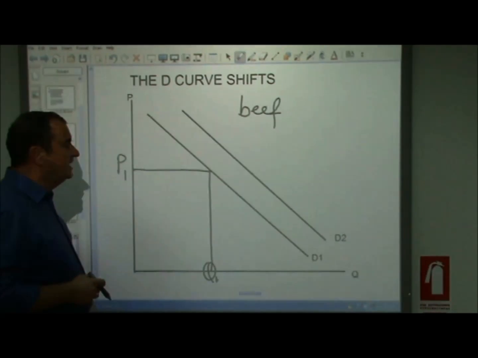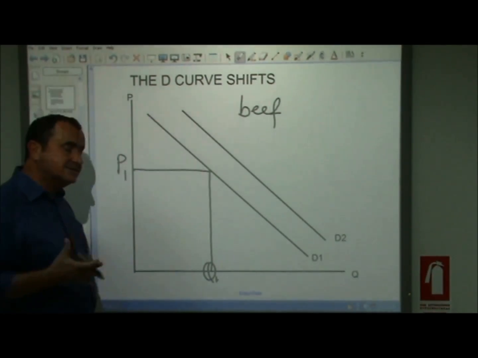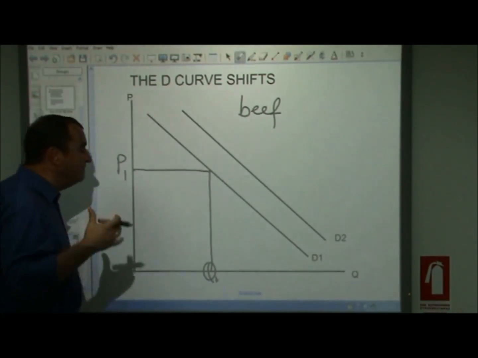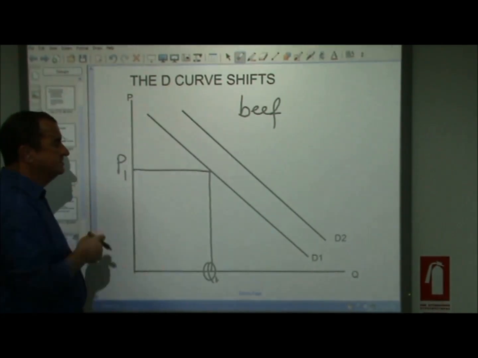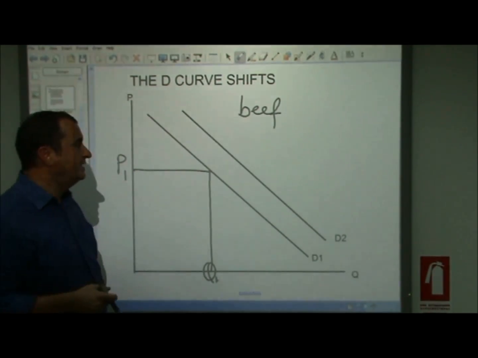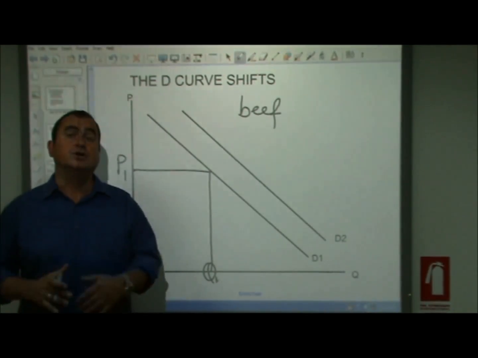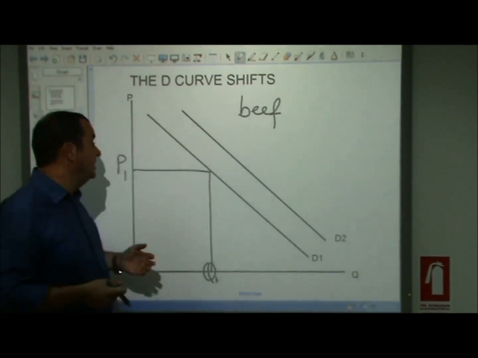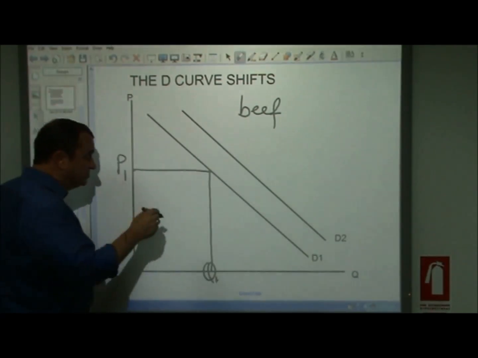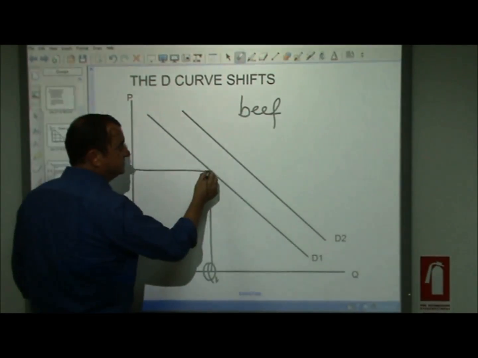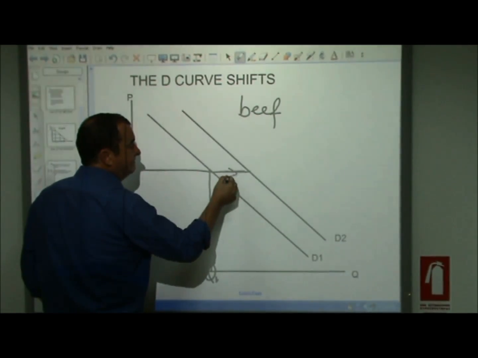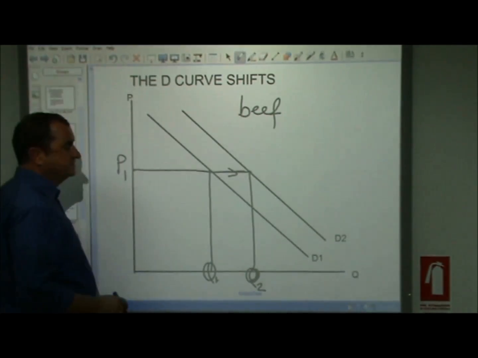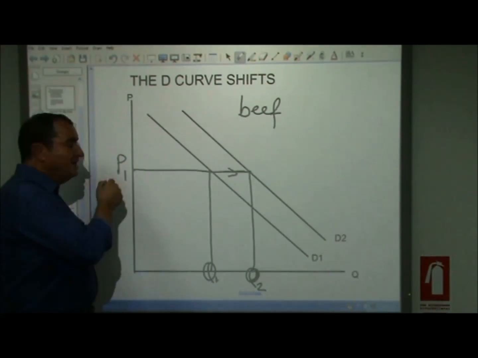Something may change, some other factor than price may have changed, which has led to a change in how much beef will get demanded at price P1. Let's imagine that the size of the population grew. After the growth in the population size, at price P1, it is no longer Q1 that gets demanded, but Q2 gets demanded. The price never changed.